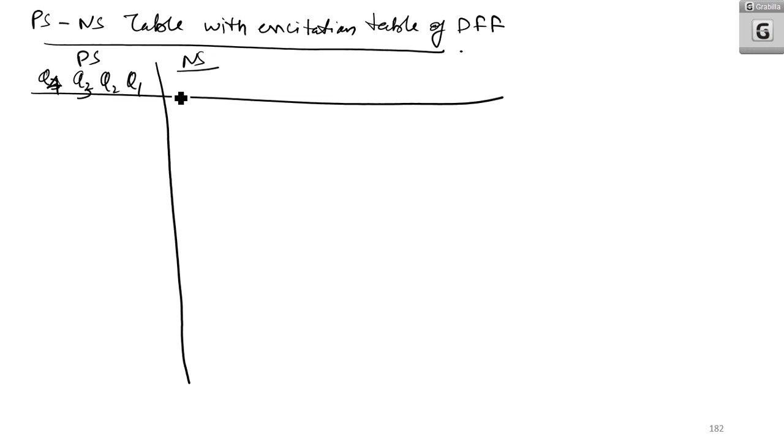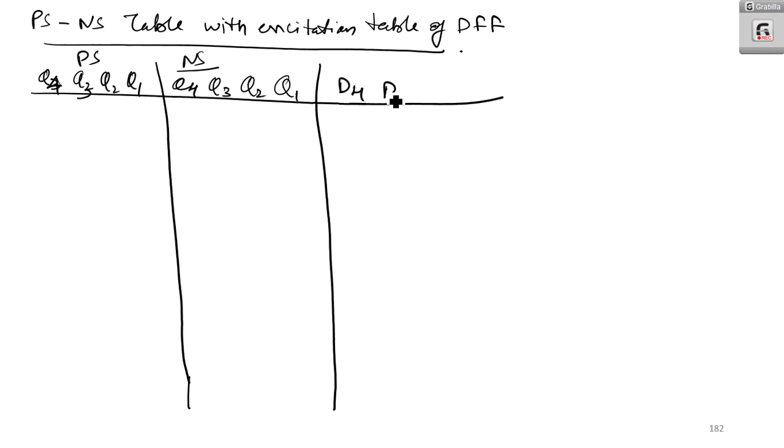Next state Q4, Q3, Q2, Q1. Next is what we are having is D4, D3, D2, D1. Of course, D4, D3, D2, D1 is equal to next state Q4, Q3, Q2, Q1.